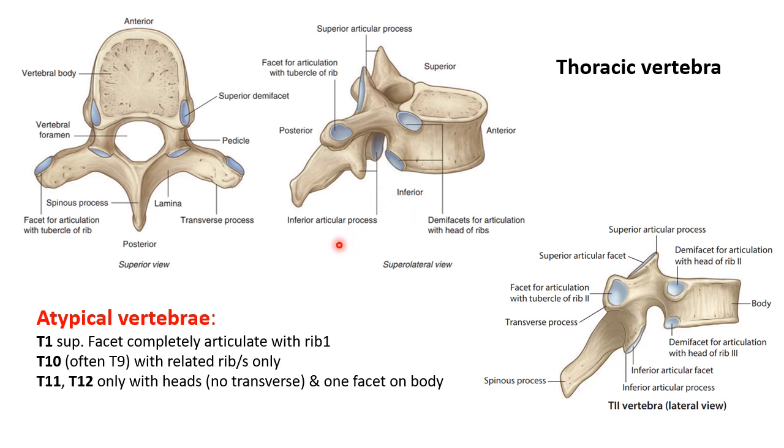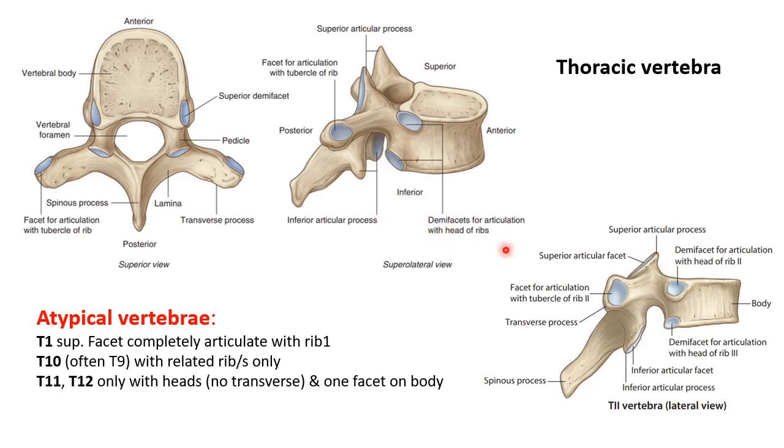So, the atypical vertebrae are as follows. First, the T1 vertebra. Why? Because for the superior facets, we know that the vertebra above T1 is the C7 vertebra. The T1 has complete articular facets, not demifacets. Not demi, meaning half.